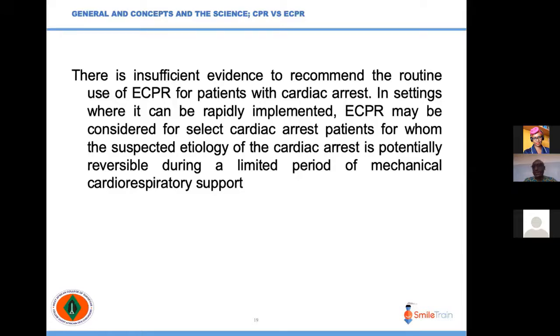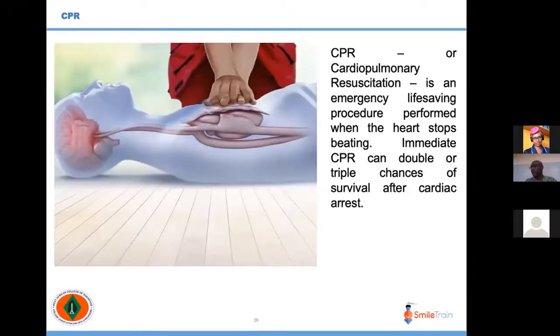AHA and ERC advise us. So CPR, or cardiopulmonary resuscitation, is an emergency life-saving procedure performed when the heart stops beating, which is usually, as we have seen, an electrical problem. So immediate CPR can double or triple chances of survival for cardiac arrest victims.